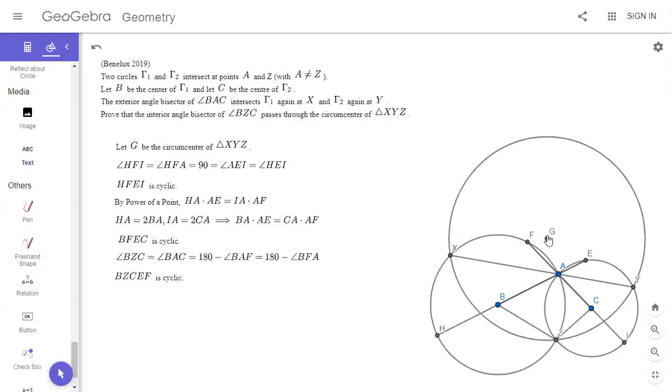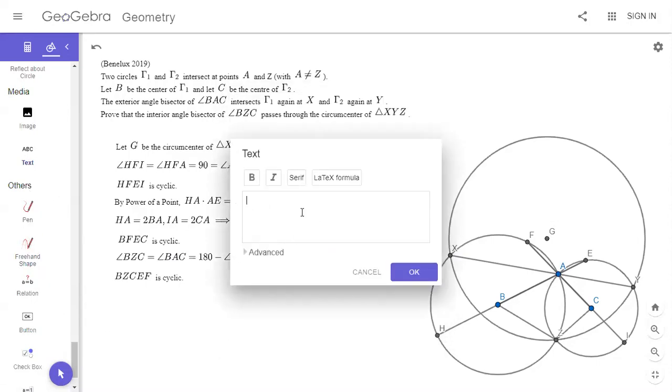And then I'm going to show that G lies on that circle. But to do that, first I'm going to show that G, F, and X are collinear. So, yeah, let me write it like this. So we have angle GXA is half of 180 minus angle XGY, because XGY is isosceles.